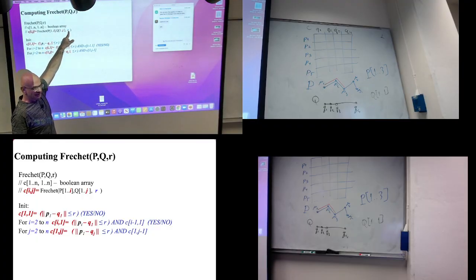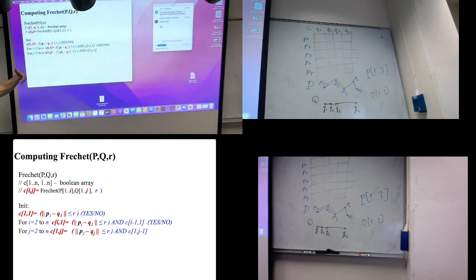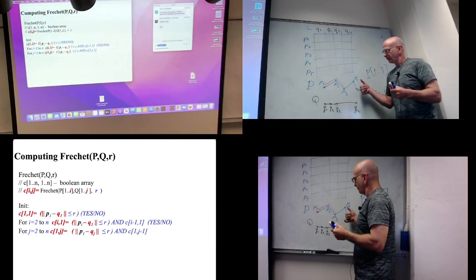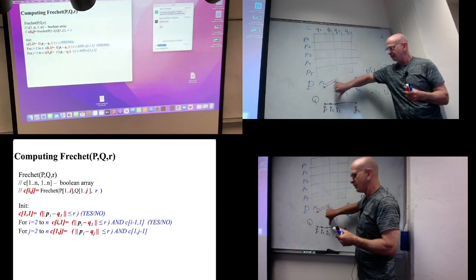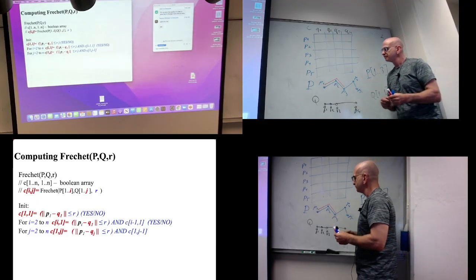R is 17 meters, the same 17 meters that we saw earlier. Frechet is a Boolean function. It tells you true or false, yes or no. C_ij should contain yes or no, depending on whether the Frechet distance holds, but not between the whole of P and the whole of Q, just between some prefix of P and some prefix of Q.